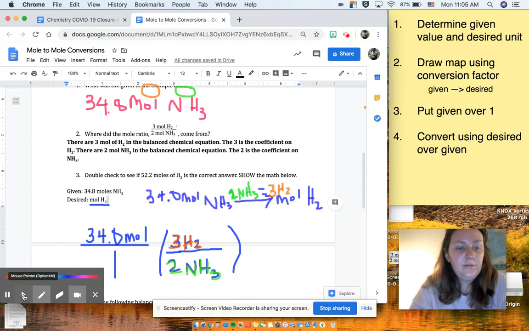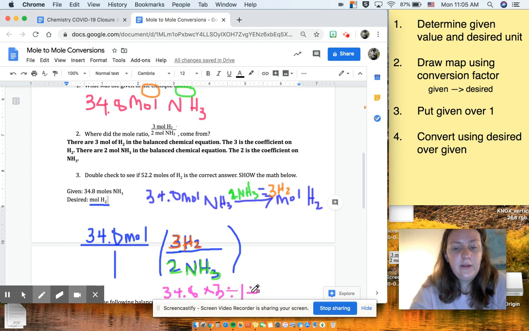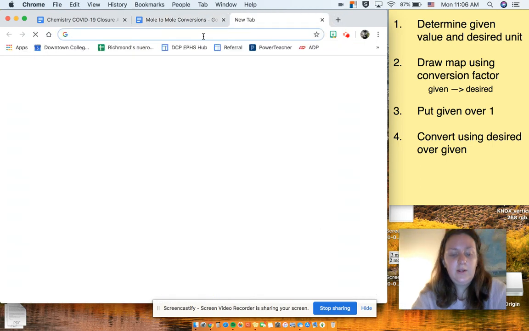Same as above. Multiply across the top, divide across the bottom. So we'll do 34.8 times 3 divided by 1 divided by 2, and let me get my calculator.